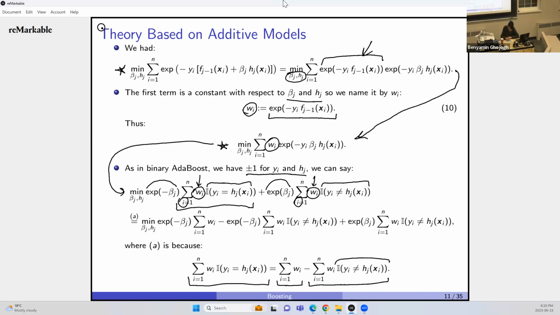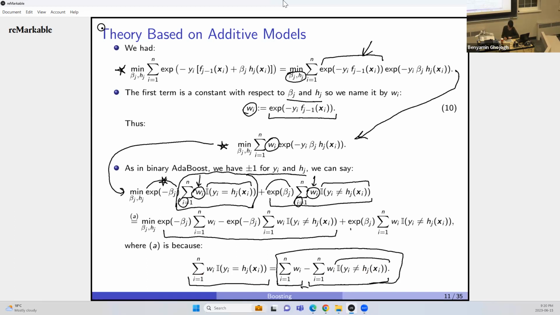If I replace this term with this, what happens? I will get these two terms. This term, e to the minus beta_j, is multiplied to each of these terms. I will have these, and the rest, this is here. This appears here, right?